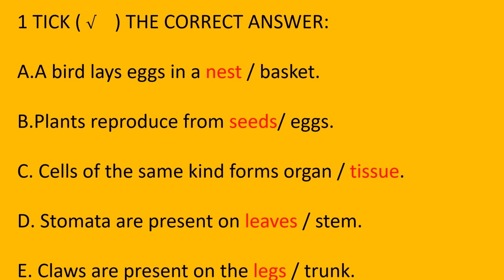Are they located on leaves or on stem? Children, all living things breathe. Animals take in oxygen and give out carbon dioxide. And what does a plant do? Plants take in carbon dioxide and give out oxygen.